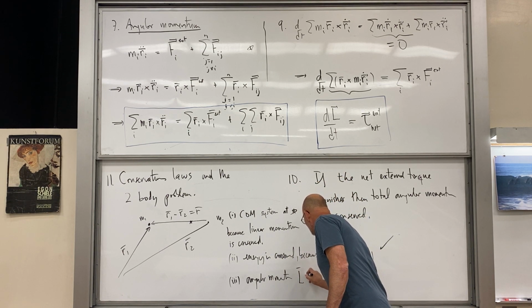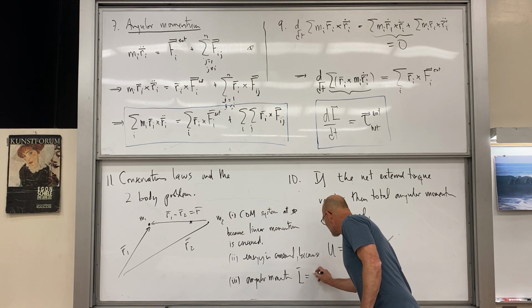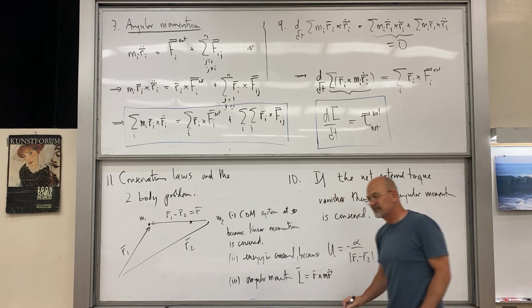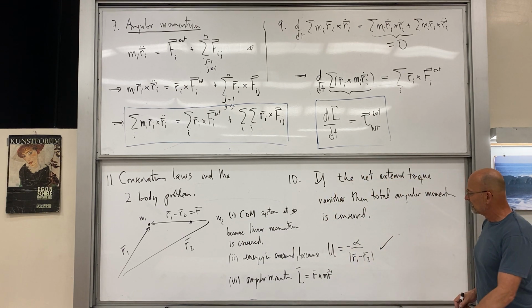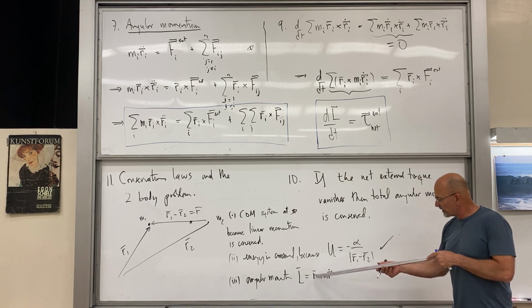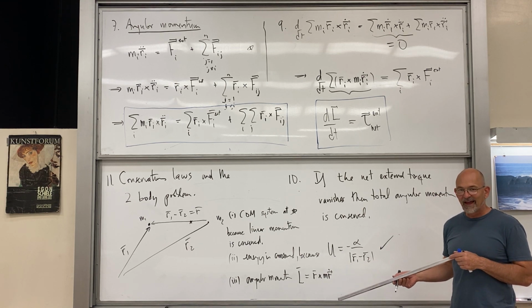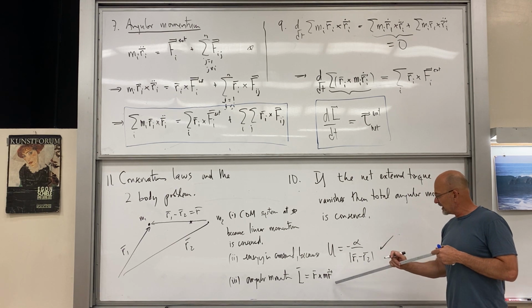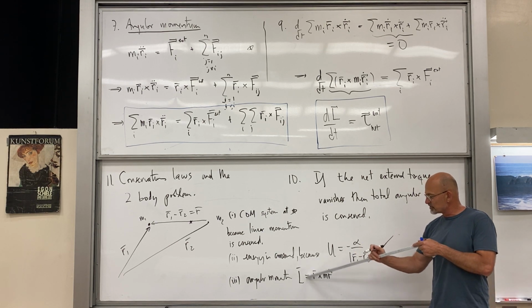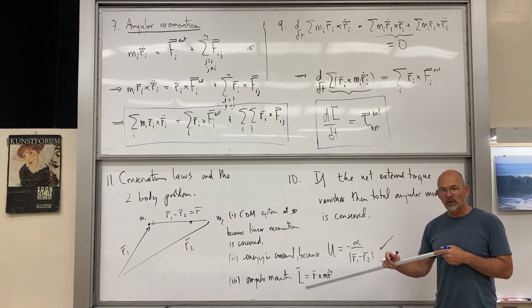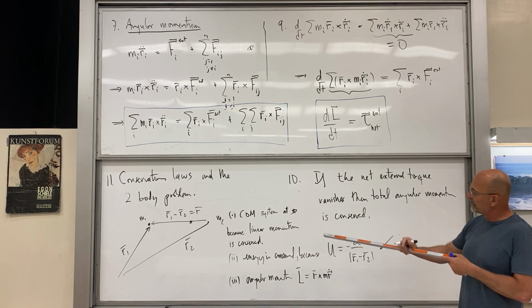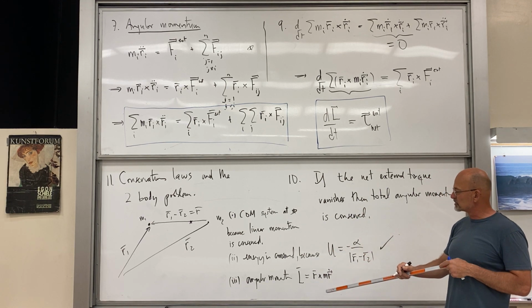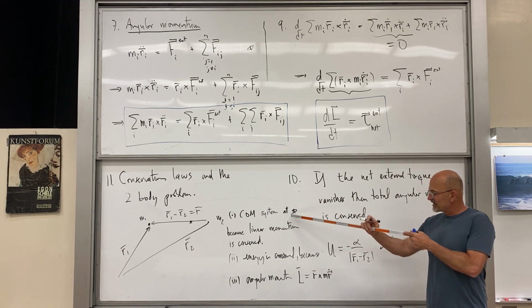We defined L as R cross m R dot. But that actually was conserved because of the central force. So that explicitly went into the conservation of angular momentum. And then it showed us that motion is restricted to a plane. We did the plane polar coordinates, and then we were off and running. But yes, we made use of all three of these conservation laws at the time.